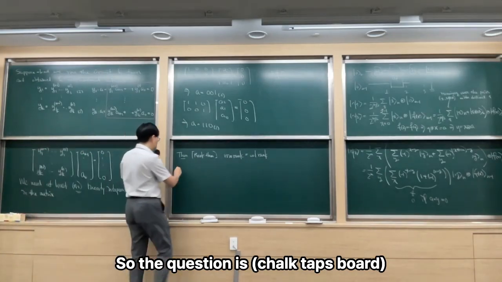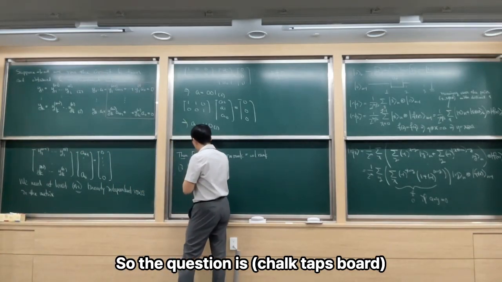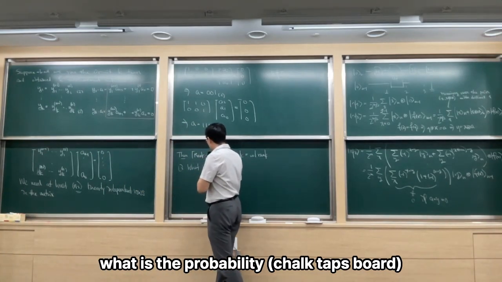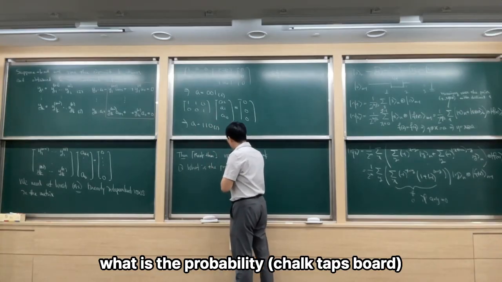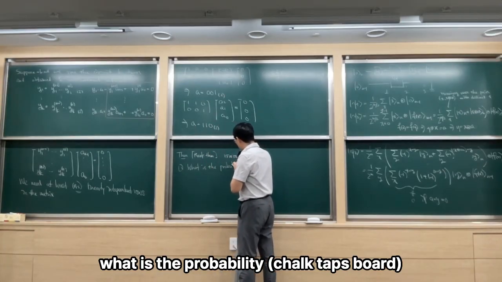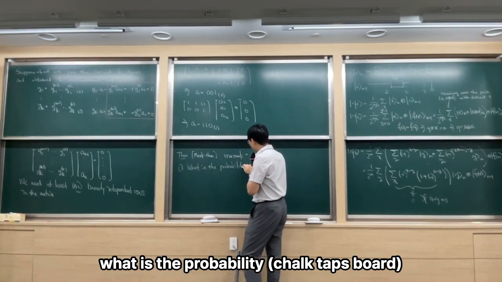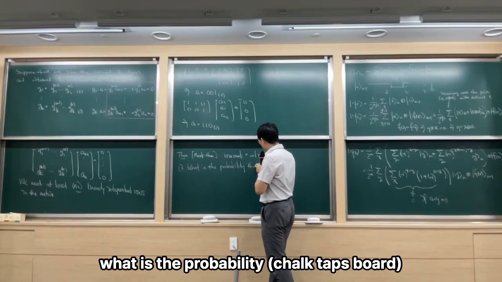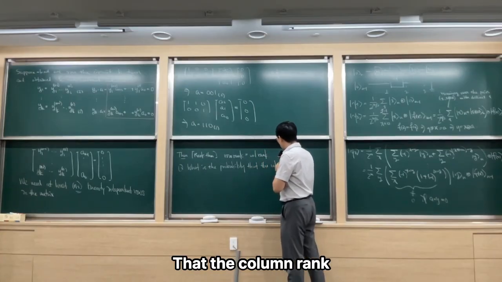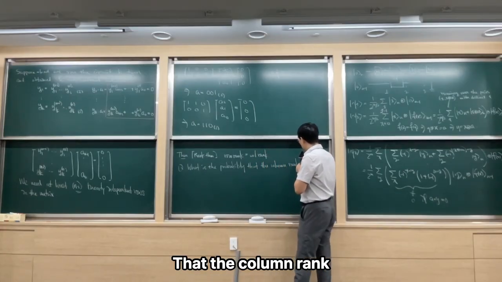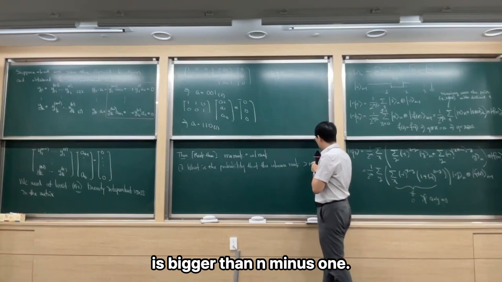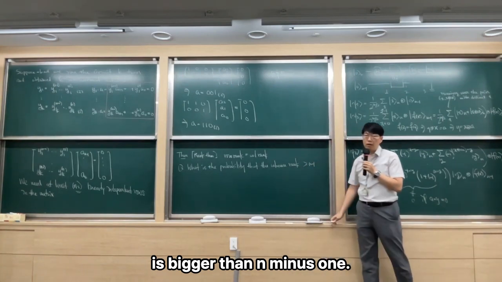So the question is, what is the probability that the column rank is at least n minus 1?